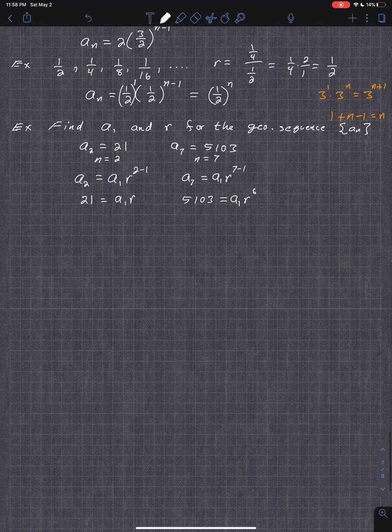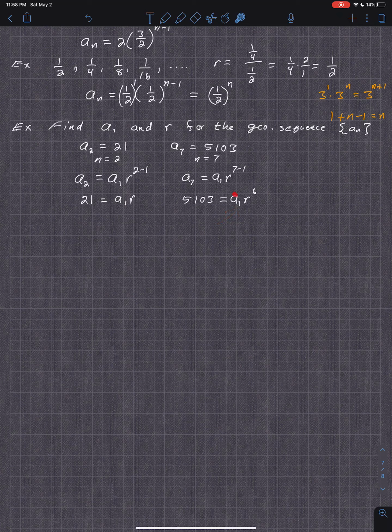All right, so then you basically have these two equations. You have this equation and you have this equation to solve. Because it actually is somewhat nice numbers, you can solve this for A1 or R and substitute into here.